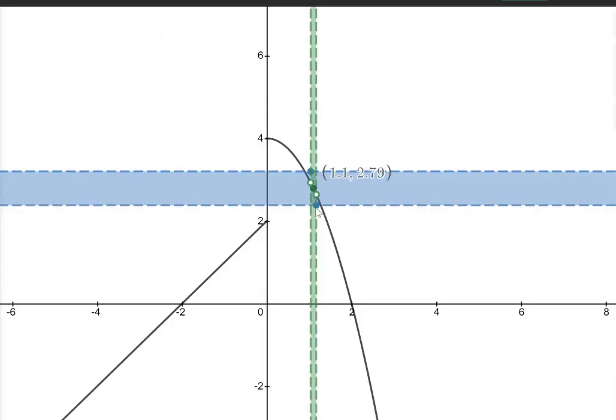If you look at this problem right here, look at the 2 and the 4 there, similar to the first problem that we had, where we showed one of the cases where the limit fails to exist. Here, as you come from the left, the limit as x goes to 0 is 2. But as you come from the right, the limit is 4. So this is a typical case where the limit doesn't exist.